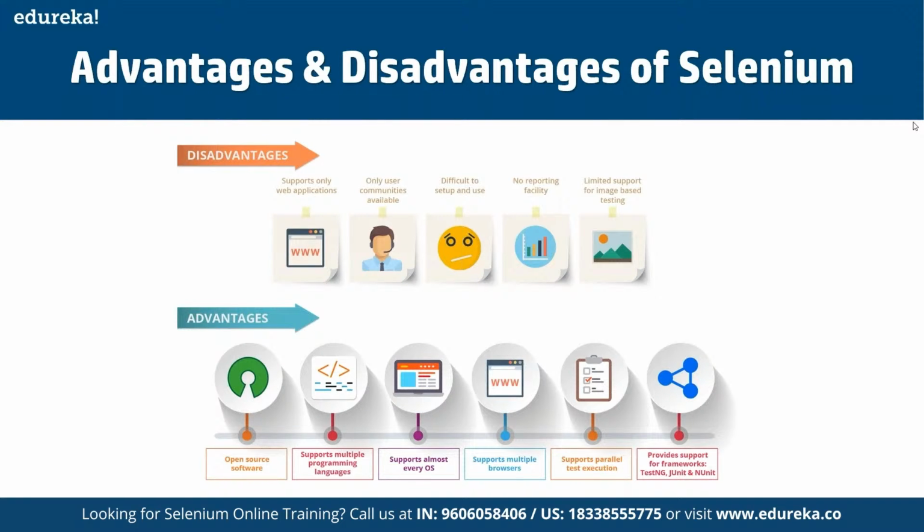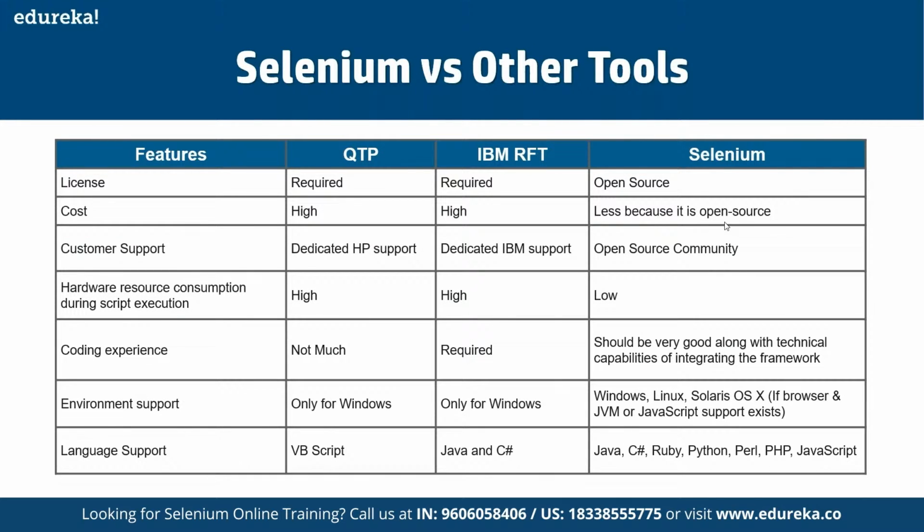And in terms of the Selenium tools, there are multiple tools available. If we compare Selenium with other platforms available, then we have QTP, IBM RFT, and then we have Selenium itself. So in terms of license, these are the enterprise solutions, and they are not free of cost. They require licensing.